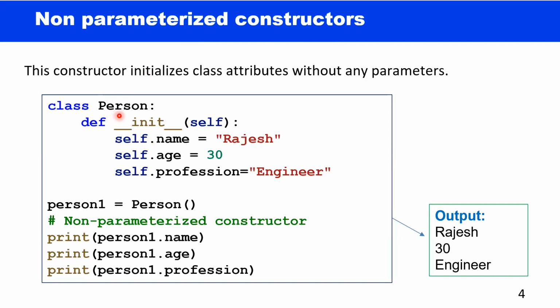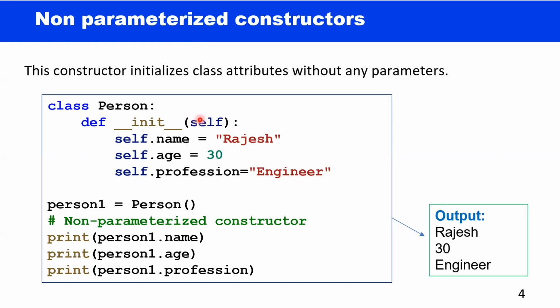Here we are creating a class Person and we are writing the init method, which is a constructor. If you observe, there are no parameters other than self. As we have already seen, any class method should start with the parameter self, which indicates the current object. So other than self, there are no other parameters.